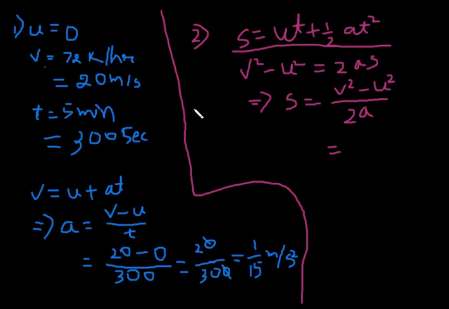So what is v here? v is 20 meter per second. 20 square is 400. u is 0, so 0 square is 0. 400 minus 0 is 400, divided by 2a. 2 into 1 divided by 15.